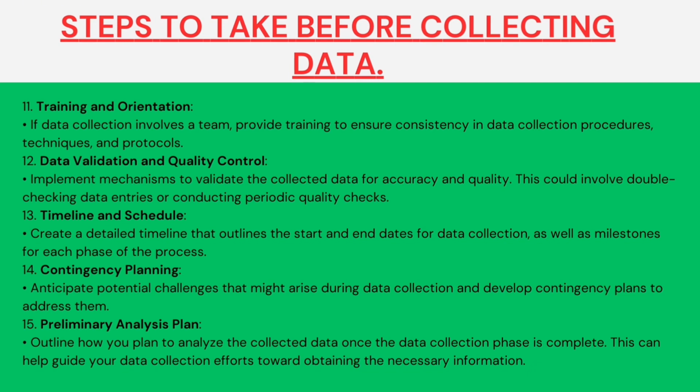Timeline and schedule. Create a detailed timeline that outlines the start and the end of data collection, as well as milestones for each phase of the process. Contingency planning. Anticipate potential challenges that might arise during data collection and develop contingency plans to address them.